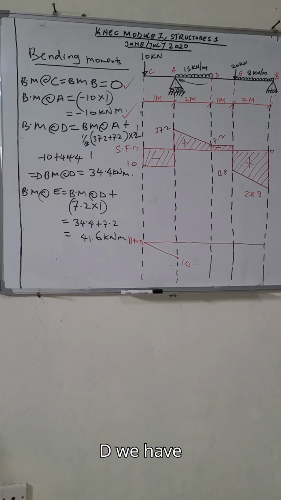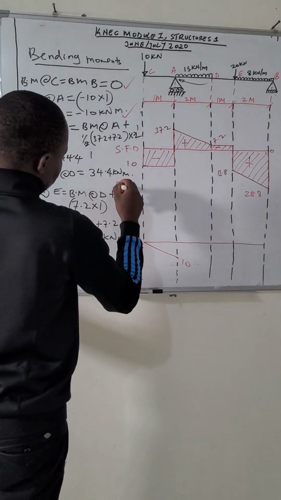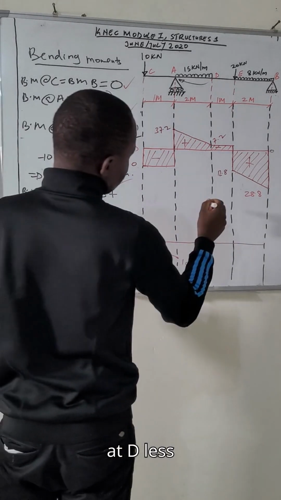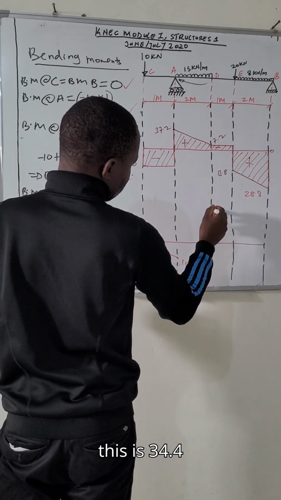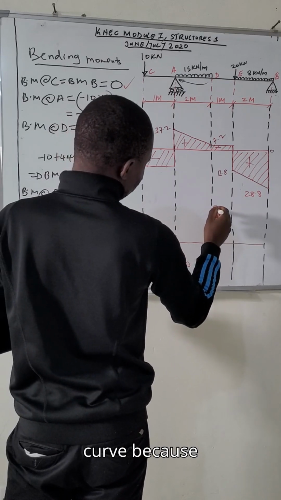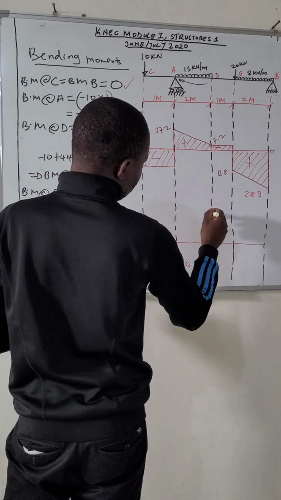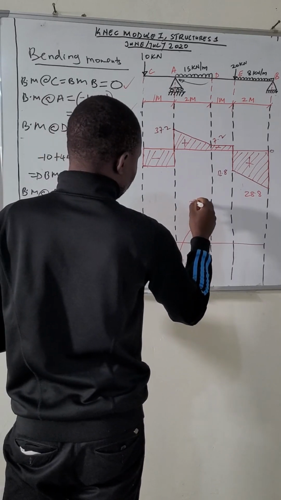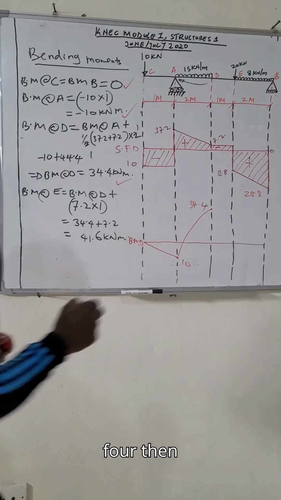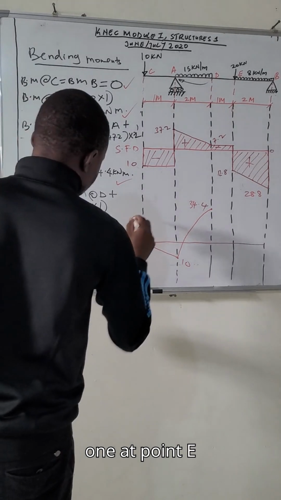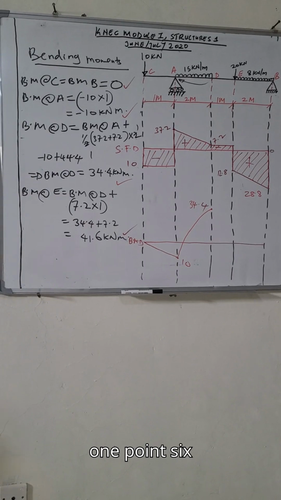And then at D we have 34.4. Let's approximate and say this is 34.4. This one will be a curve because it is a UDL. Then at point E, we have 41.6.